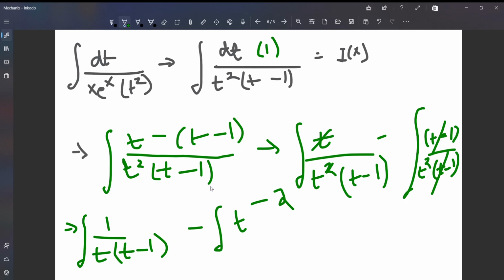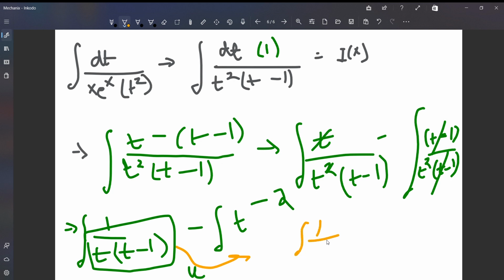Well, we can again use the same method to simplify this. We can also use the substitution and put t minus 1 as u. Thus, if we do that, we're going to get something like integral 1 by t into u. And as I've put t minus 1 as u, dt will be equal to du, right?